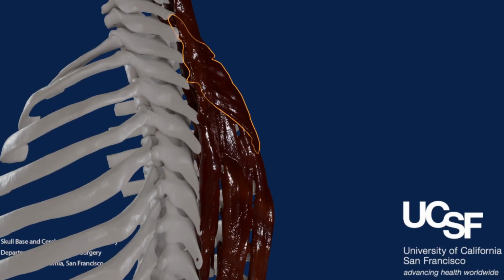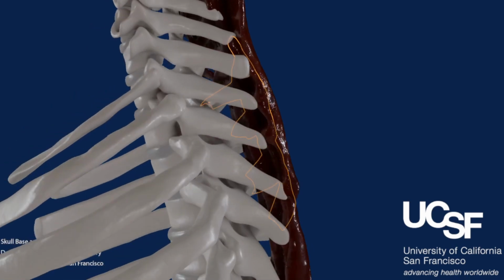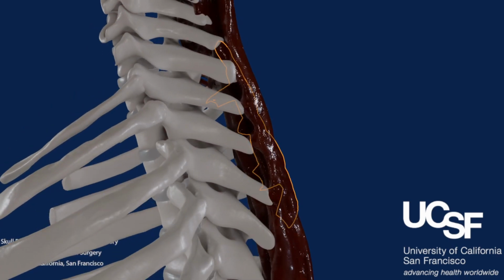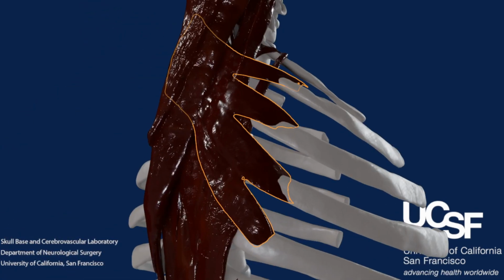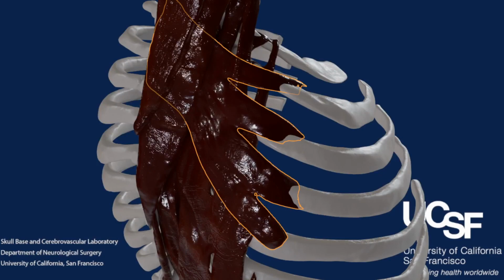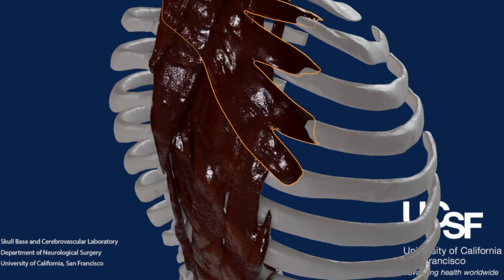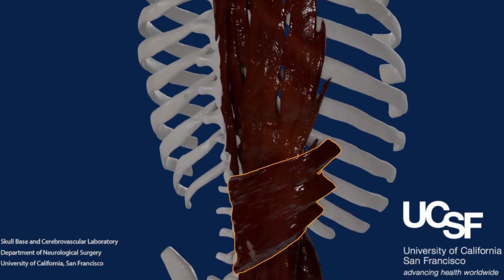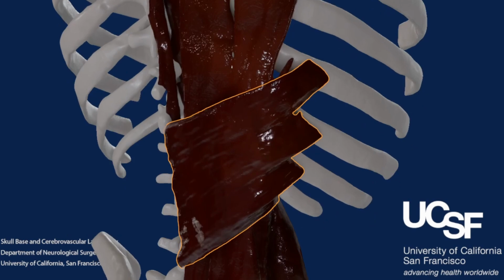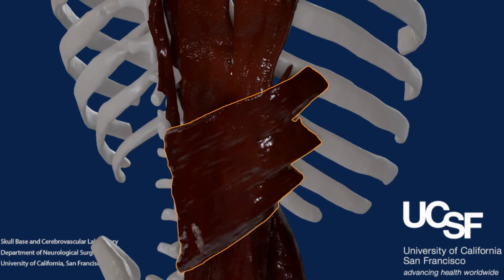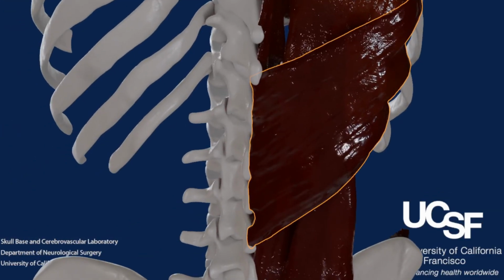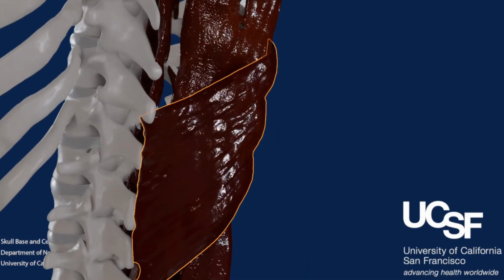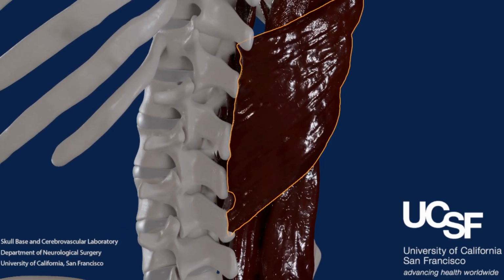The superior serratus posterior muscle is going to be attached to the spinous process of C3 to T3, and it's going to run laterally and attach to the second to fifth rib, whereas the inferior serratus posterior muscle also attaches to the ribs, the 9th to 12th rib, and medially it attaches to the spinous processes of T1 to L2.